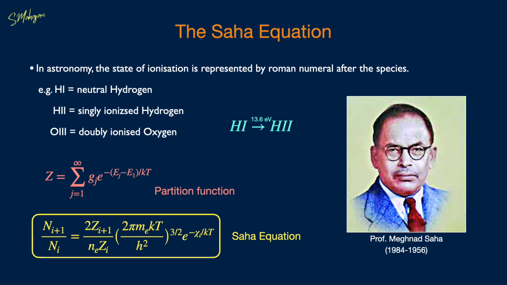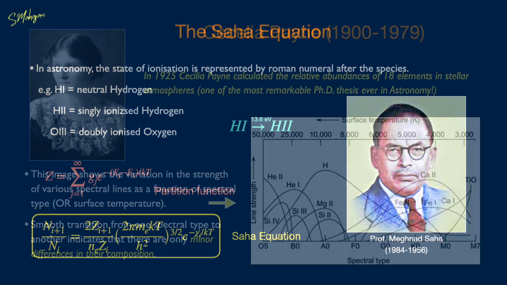The factor of 2 on the right-hand side represents the two possible spins of the electrons, plus half and minus half respectively. me is the mass of the electron. By combining the Boltzmann and Saha equations, it can be shown that the most intense Balmer lines will be produced for stellar temperatures around 9000 Kelvin, that is, the A-type stars.